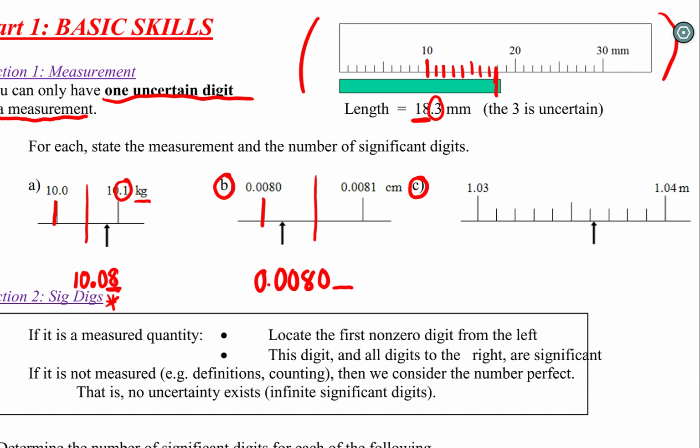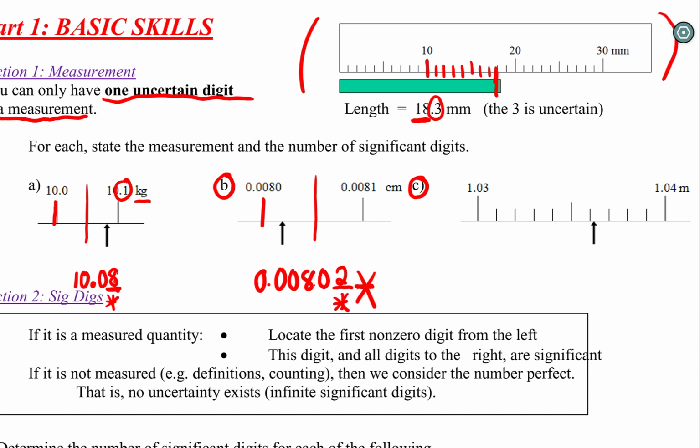So I'm going to say that it's 0.00802. Now it could possibly be 0.008025 or 0.008030 or 15. I don't know. And because this is uncertain, this is as far as I can go. I can't say 0.008025 because that would give me a second uncertain digit, which is not allowed.